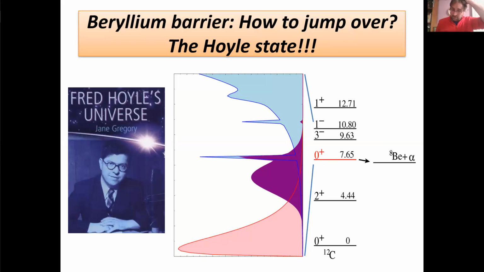They are in superposition, and the result looks a bit like a golf club: 2 in a row, and then the third one a bit off. This was thanks to the efforts of Martin Freer in Birmingham. Martin did an enormous job. Yet this Hoyle state is there.